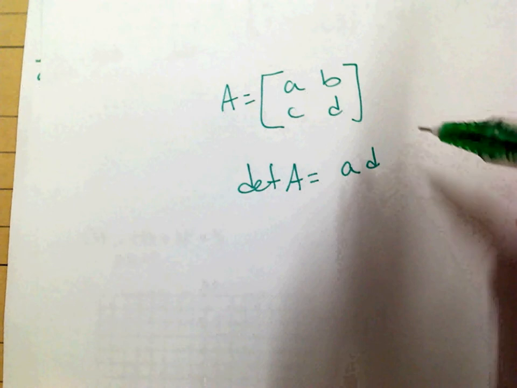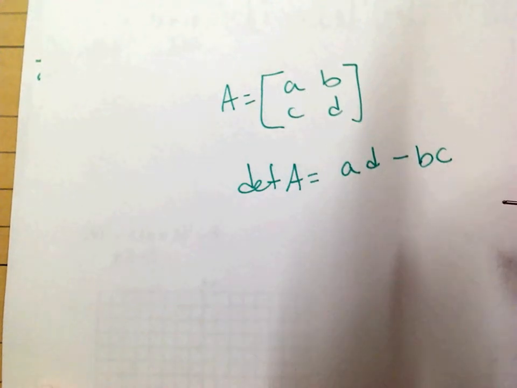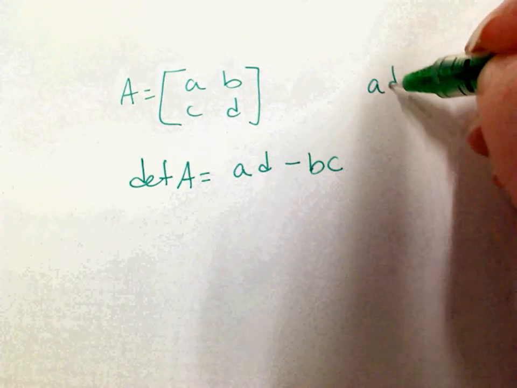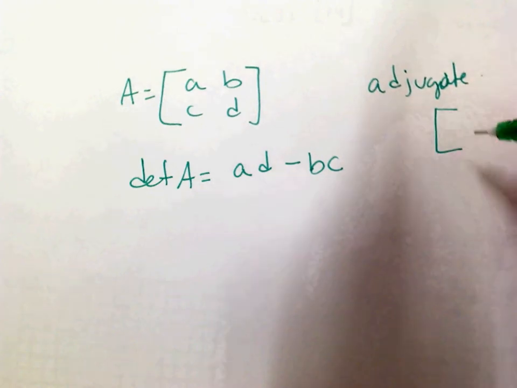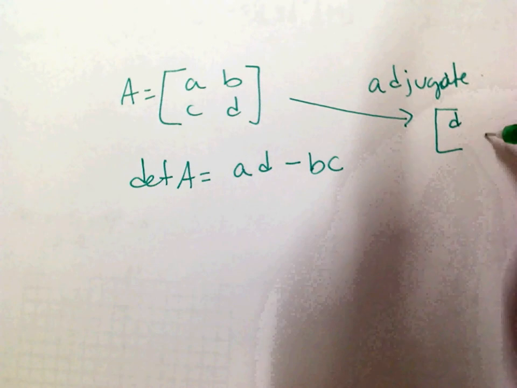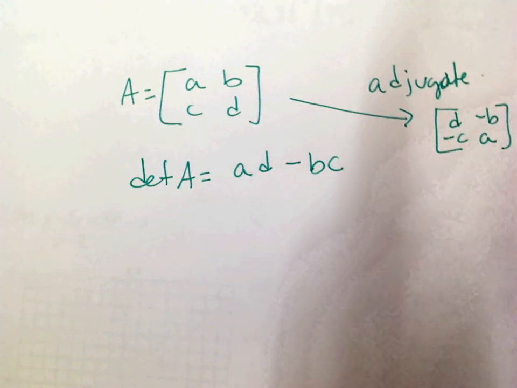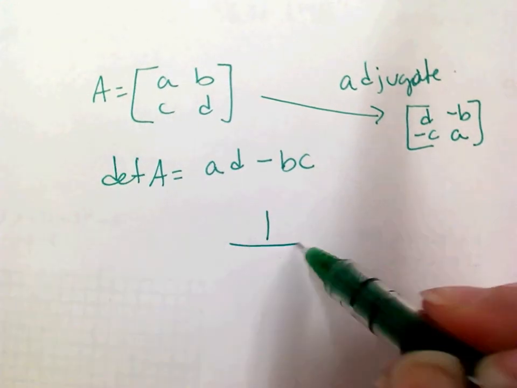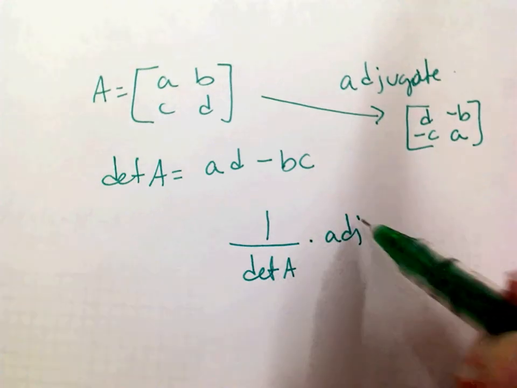And then how do I find the adjugate? Good. So A and D switch places, and then B and C change sign. Okay? So to find the multiplicative inverse, I do 1 over the determinant times the adjugate, and then I multiply that times the right-hand side of the equation, and we'll get there, okay?